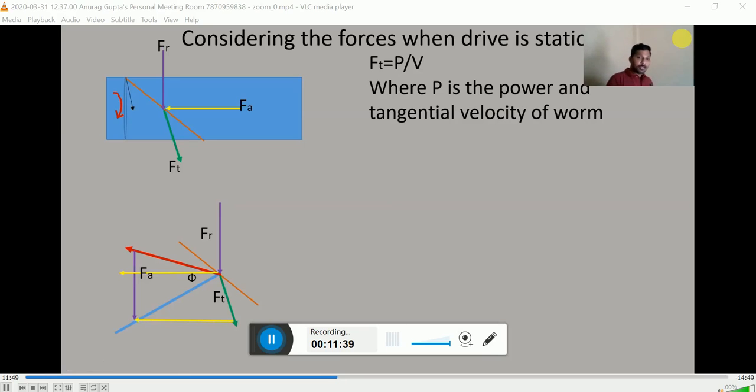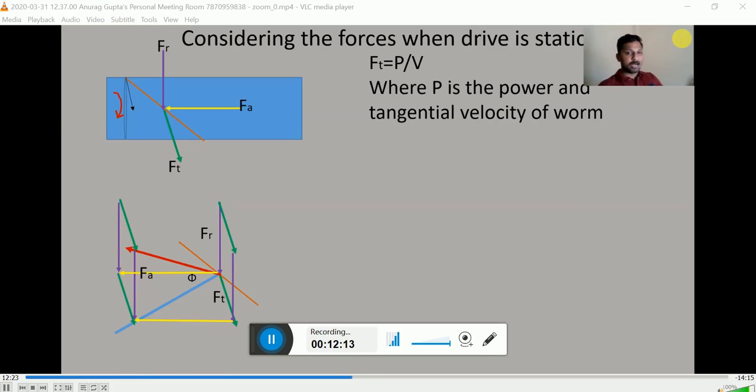Now, this line parallel to the radial force, this purple line, will cut the red line at some point on the resultant force, and this will limit the magnitude of the radial force. Now we can develop a parallelepiped for completing this force analysis diagram like this.